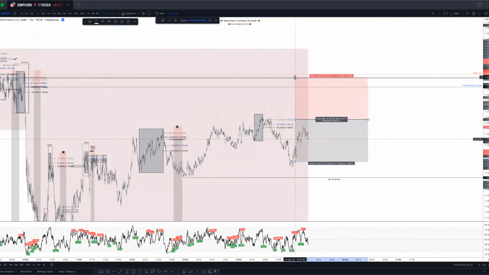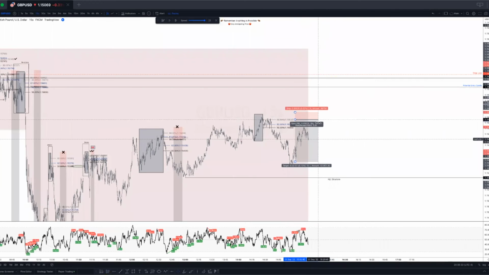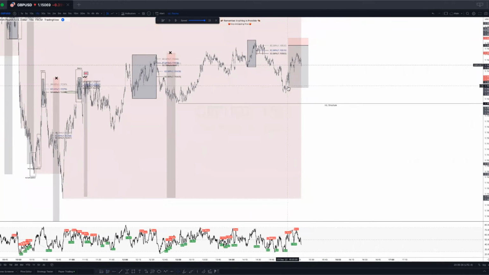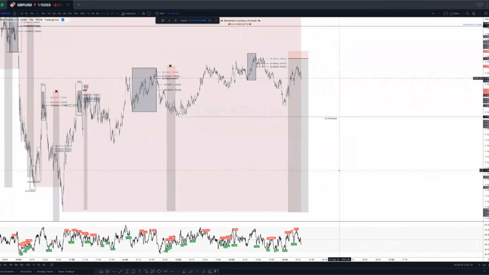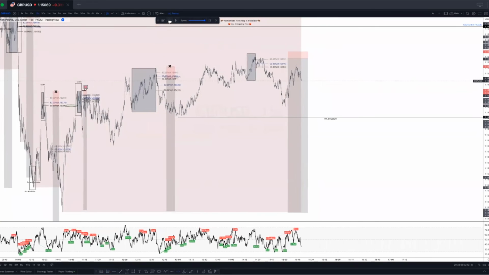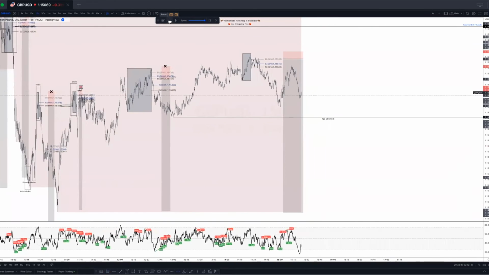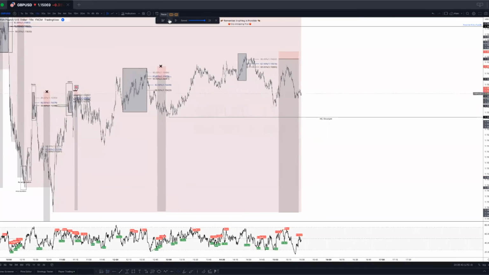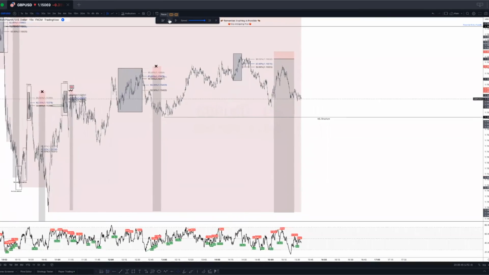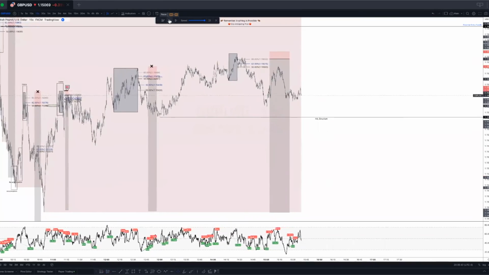Get in on the 80, about 3 o'clock in the afternoon now, with the expectation that it's going to take that low. Yeah, it's going to take the low first.